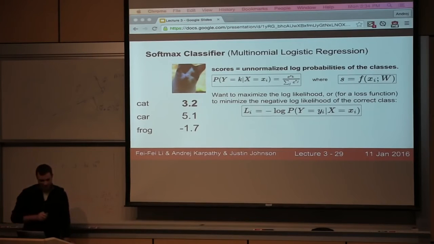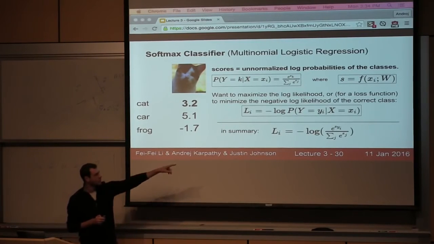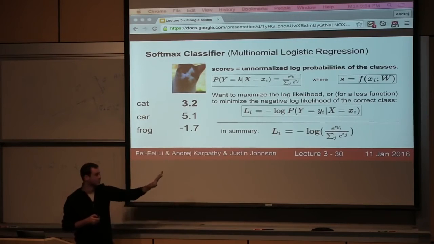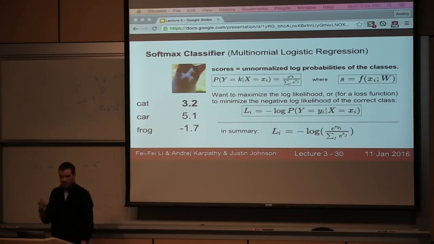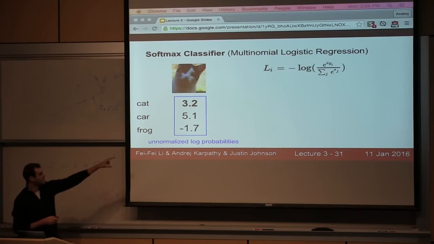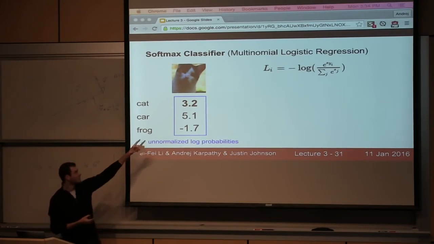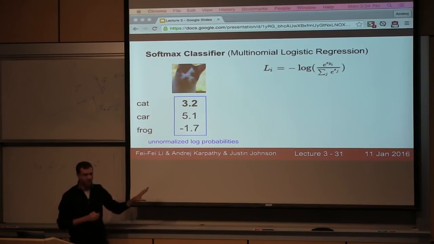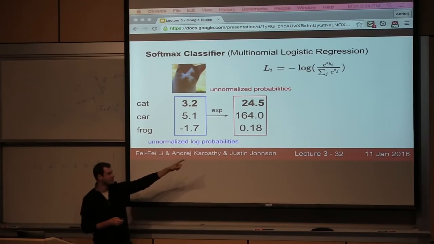Let's look at a specific example to make this more clear. Okay, and here I've subbed in that expression so that this is the loss: the negative log of that expression. Let's look at how this expression works, and I think it will give you a better intuition of exactly what it's computing. Suppose we have these scores that came out from our neural network or from our linear classifier, and these are the unnormalized log probabilities. As I mentioned, we want to exponentiate them first, because under this interpretation that gives us the unnormalized probabilities.